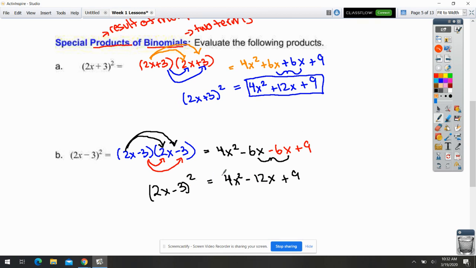Now, interesting that this one has a plus 12x in the middle, and this is the minus. Okay, so here we have the same terms, except the sign for the middle term is different. So something just to note, maybe for a future lesson.